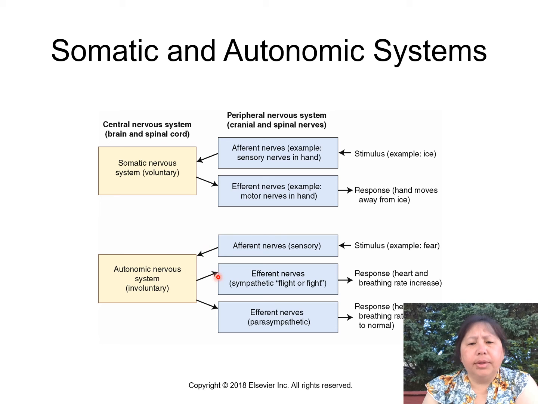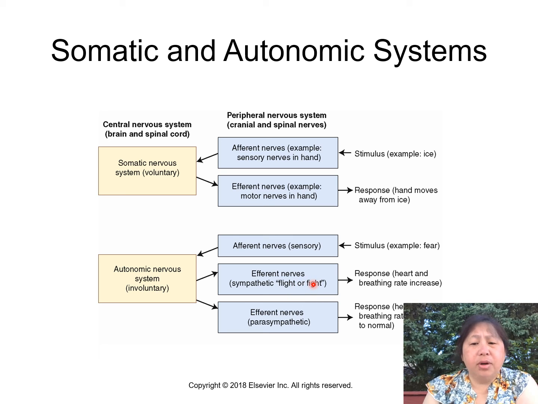Your brain will send a message through your efferent nerves, through your sympathetic and parasympathetic systems. Your sympathetic system will increase your heart rate, increase your pulse, and increase your energy level with glucose. It does this automatically so that you can run and get away from danger.